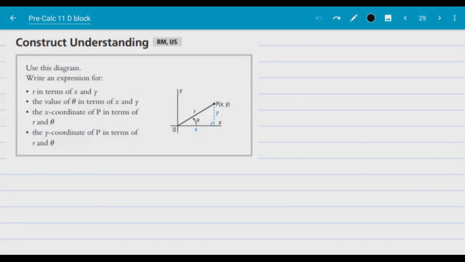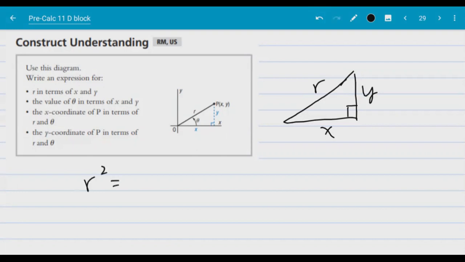Now, you can see a right triangle. Therefore, what I can use here would be, if I'm going to redraw here, okay, this is your r, this is your y, this is your x. That means I will have to find my r squared.